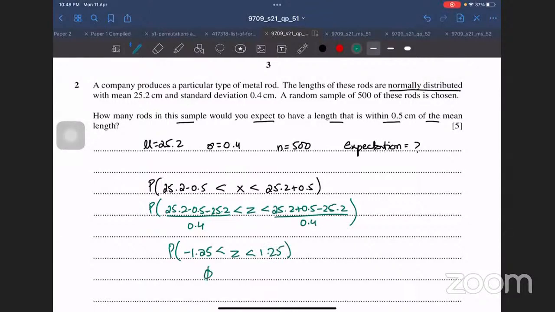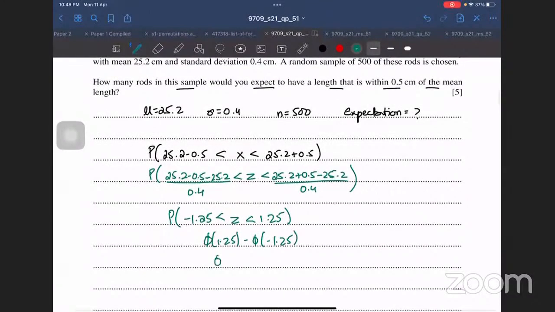This becomes phi of 1.25 minus phi of minus 1.25. This becomes phi of 1.25 minus 1 minus phi of 1.25. So it's phi of 1.25 minus 1 plus phi of 1.25.